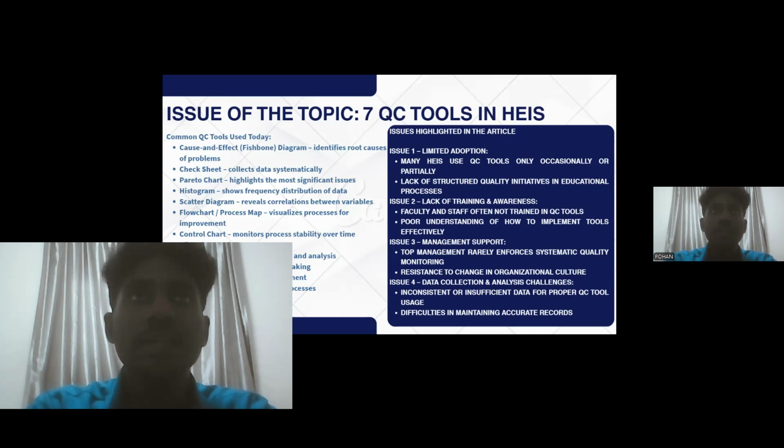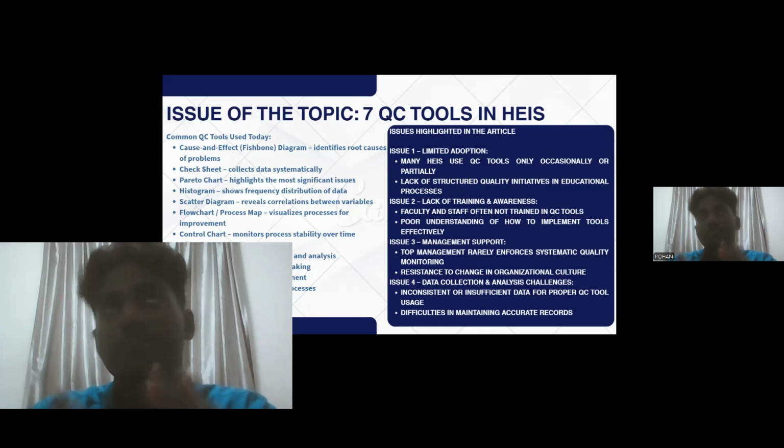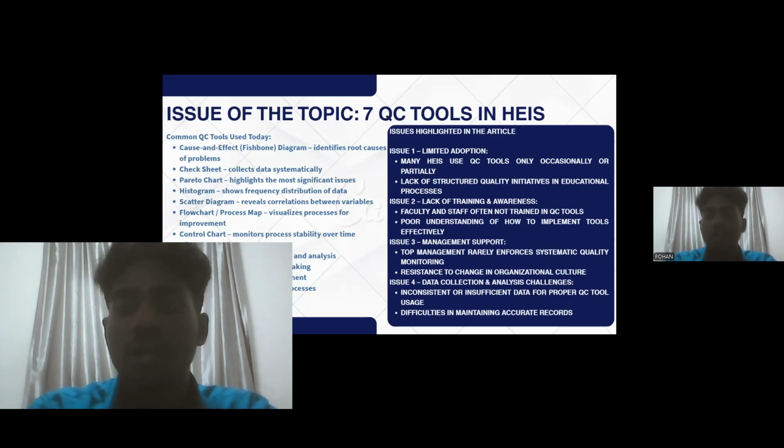In the early 1900s, which is a century back, statistical methods were introduced to improve quality control. Walter A. Shewhart developed statistical quality control techniques and introduced the control chart, which helps organizations monitor the production process and identify abnormal variation.